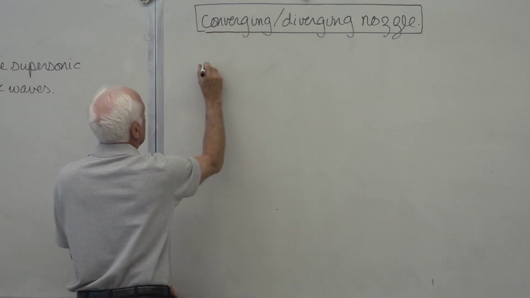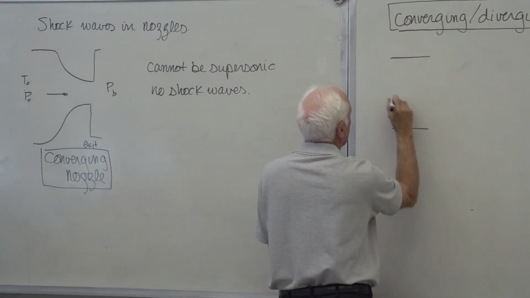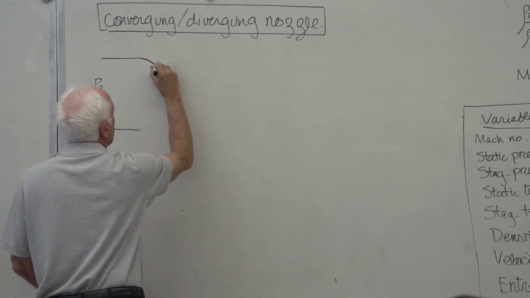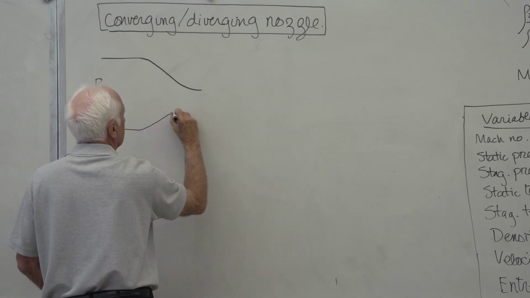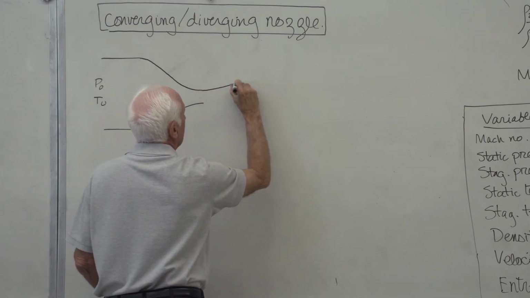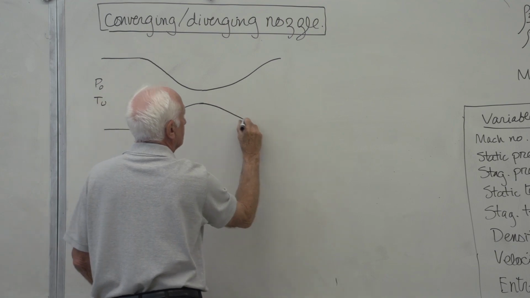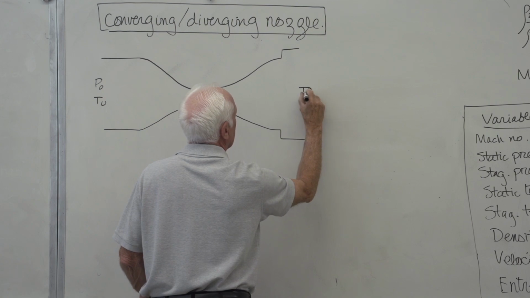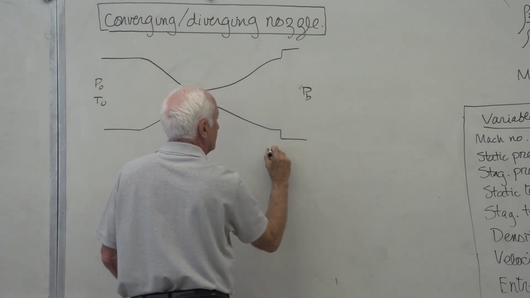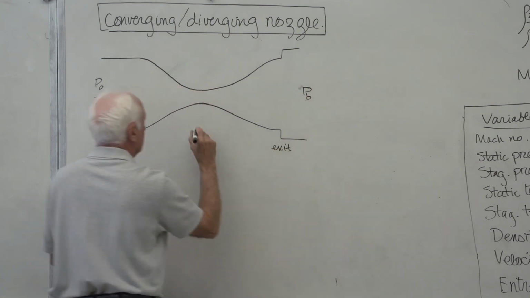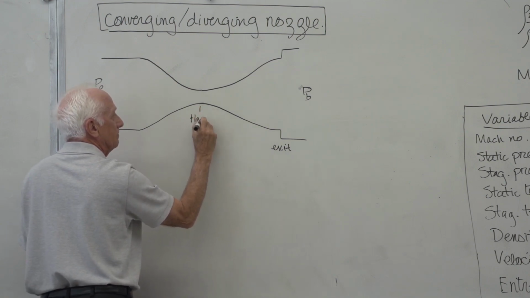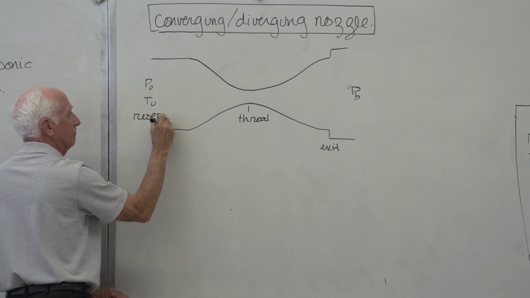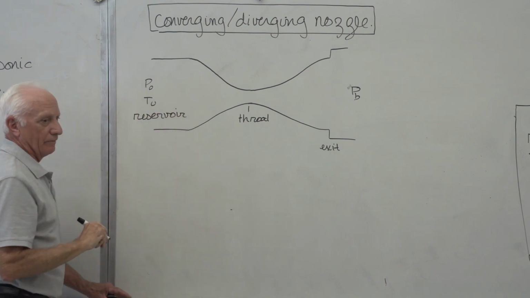So we start off the same way, reservoir, P naught, T naught. We go into a converging portion, come out into a diverging portion of the nozzle, and we exit to a back pressure region. This is the exit plane. This is called the throat of the nozzle. This is called the reservoir. Very, very large area.